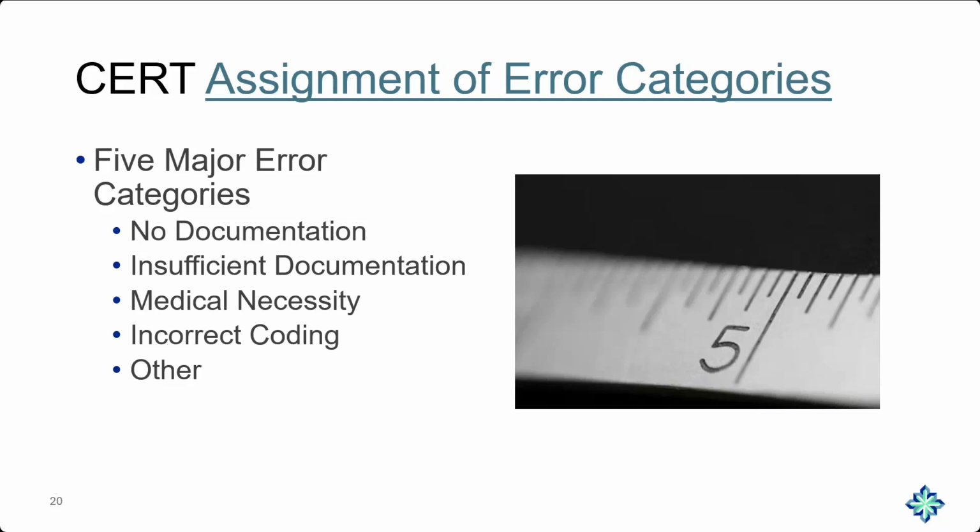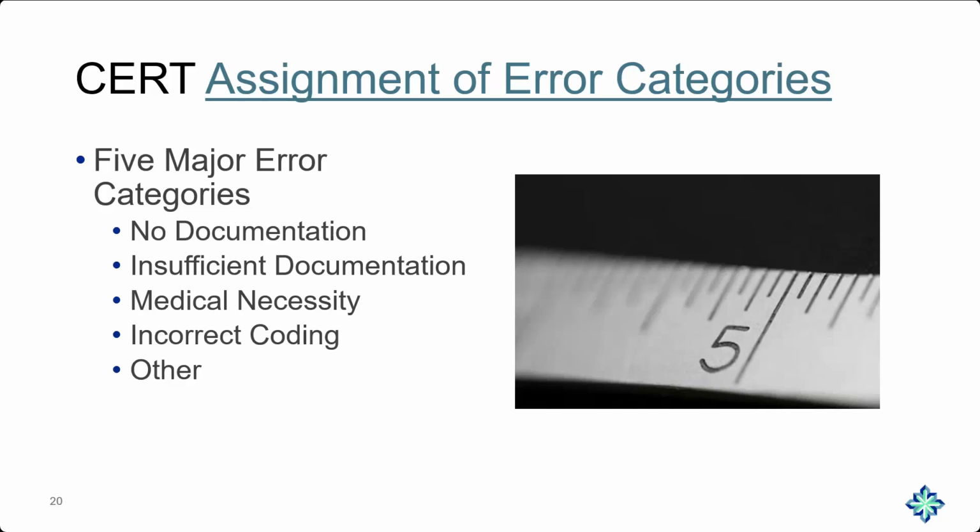Another major error category is medical necessity. Any time you would submit a claim and have it denied as medical necessity would be one of those situations that the CERT review contractor would also find for medical necessity or failure to meet medical necessity.